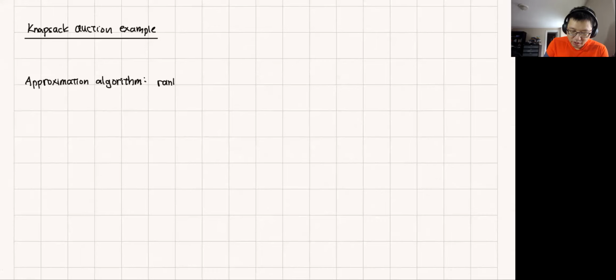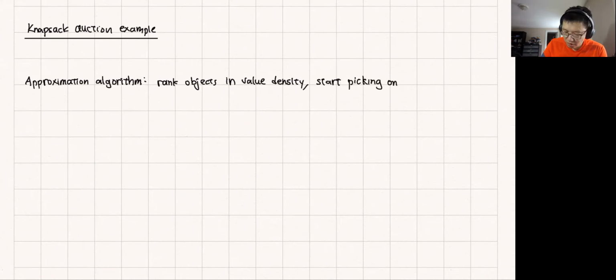So rank objects in value density, and start picking from the largest densities until we cannot fill the bag anymore.